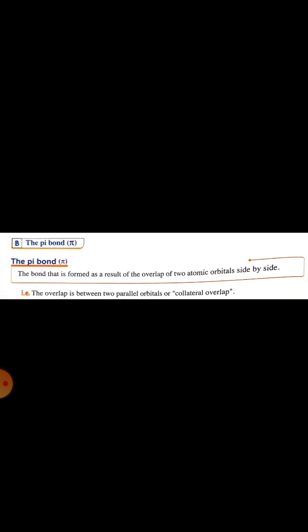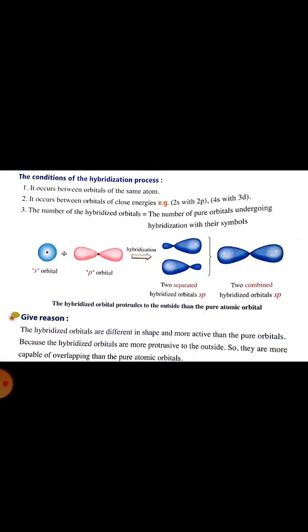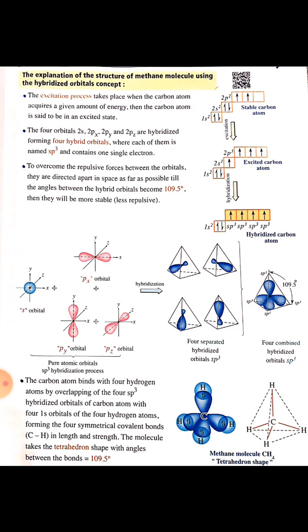So here, look, let's go back. In the case of methane, we have 4 covalent bonds of the type sigma, because here we are between a hybridized one and a pure one.